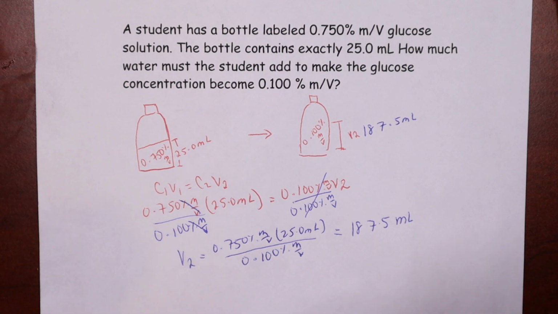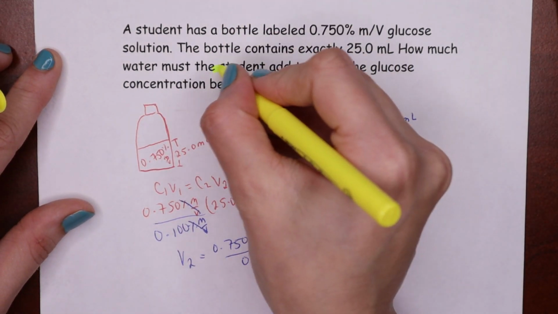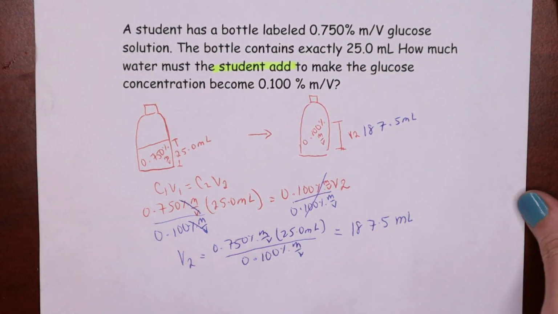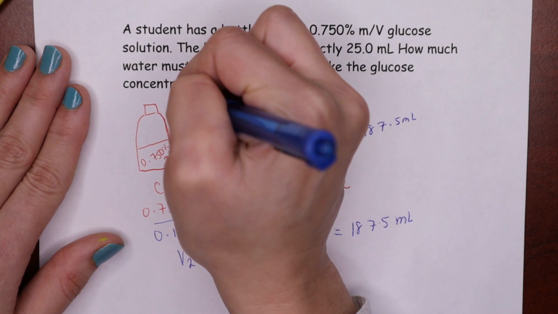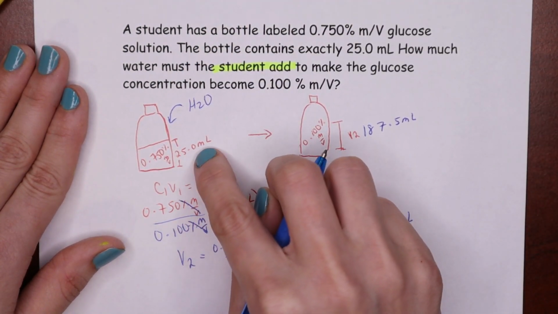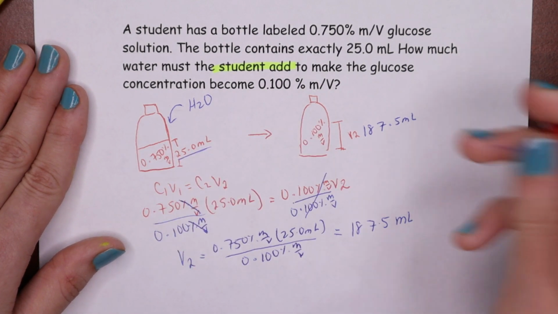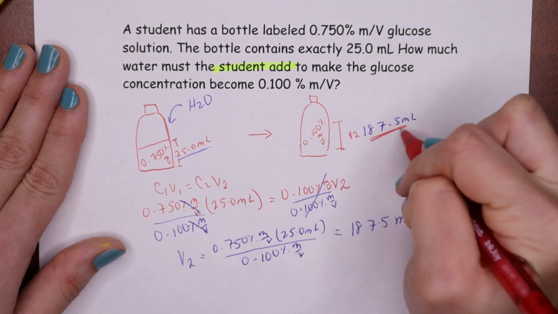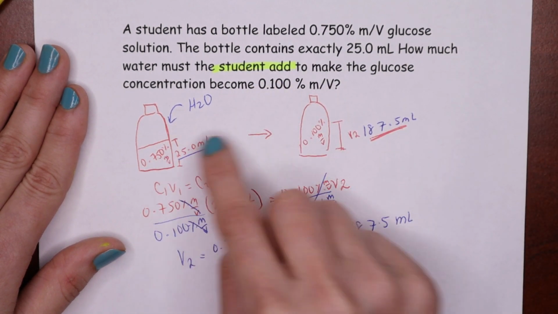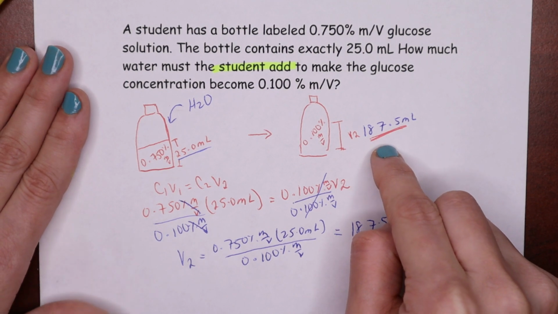But they're asking us, how much water must the student add? You started out with this volume right here, and you're finishing out with this volume right here. So in order to find out how much the student added to end up with this volume, we will have to figure out the difference.